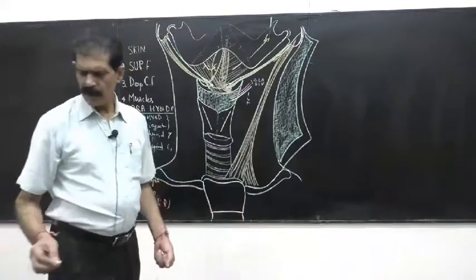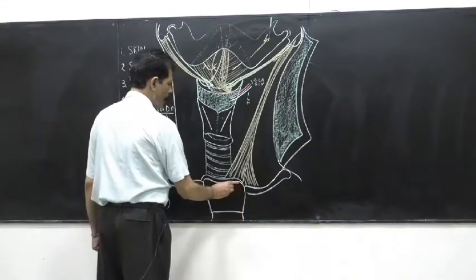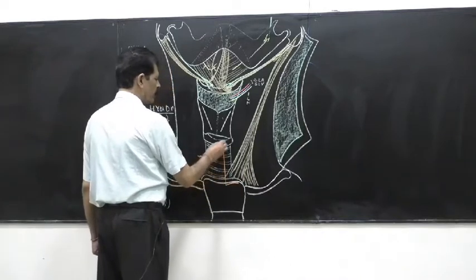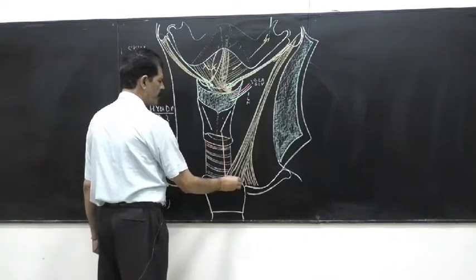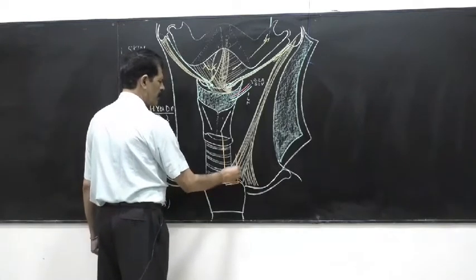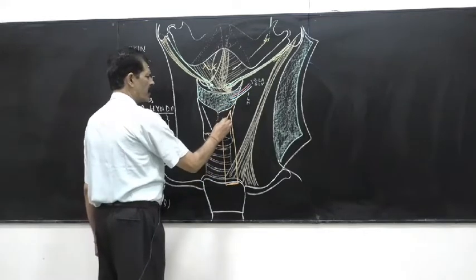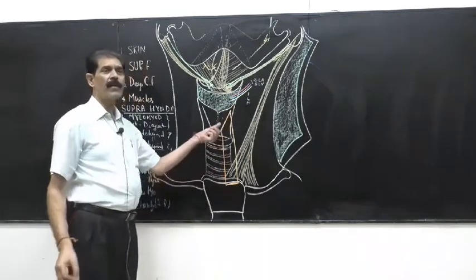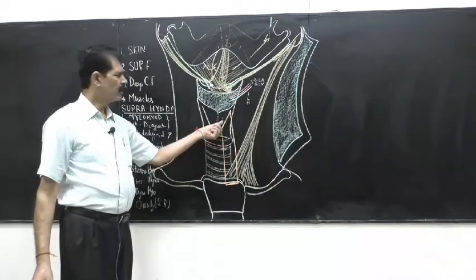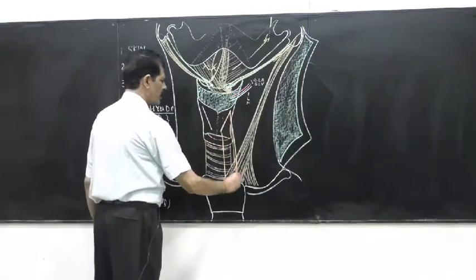So for example, sternothyroid. It takes origin from the sternum, and whatever is the width at the origin, the same is at the insertion. It is inserted on the thyroid cartilage, on the oblique line. So that is the sternothyroid muscle.